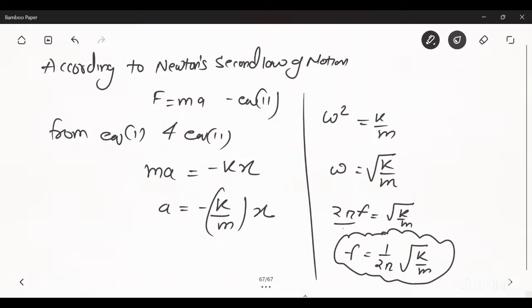Now the next question is: what is a second pendulum?